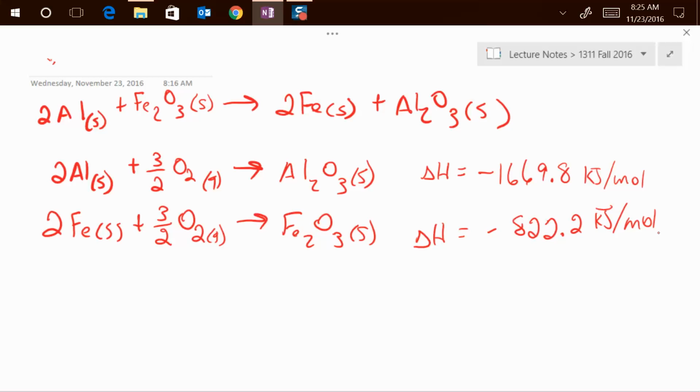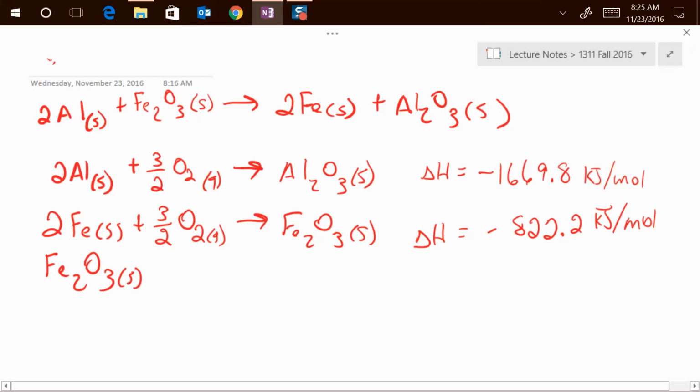Okay, so what did we need to do here? We just need to flip the bottom one, right? So we're going to take this and say Fe2O3 solid plus, oops, my eraser's working again too.